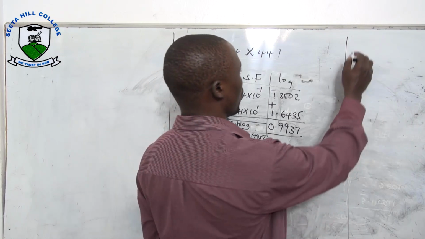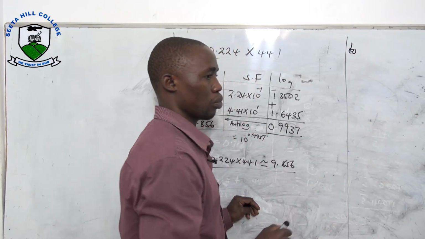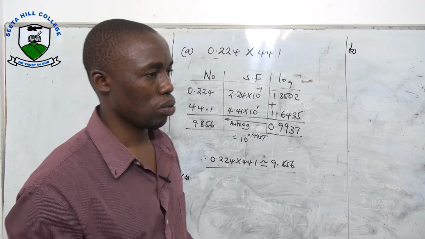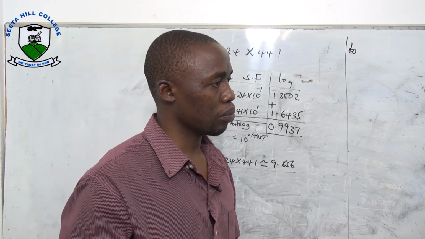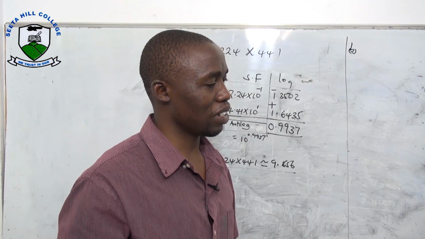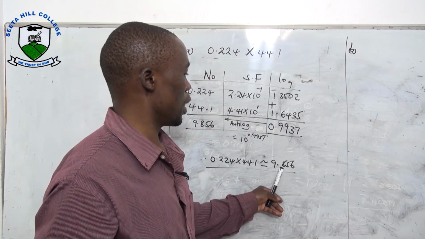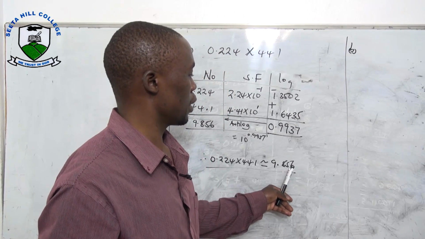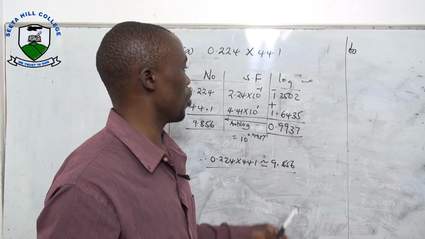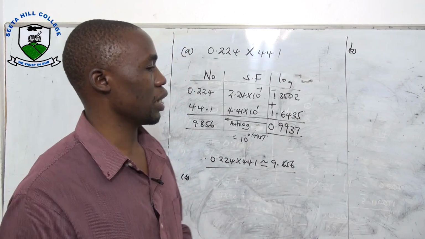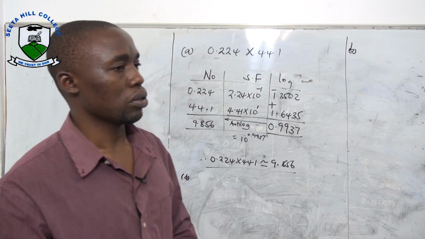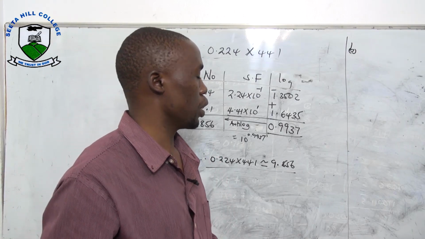It gives what? 9.878. 9.878. It means you've given me one thing that's incorrect. Check. Log of 2.24.